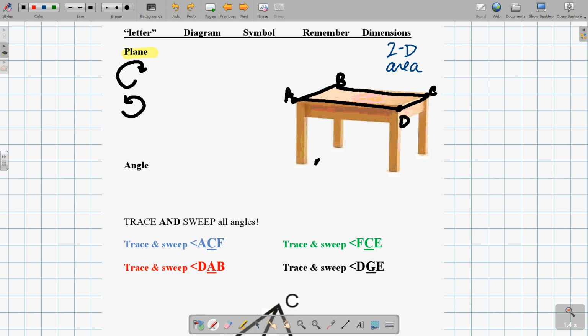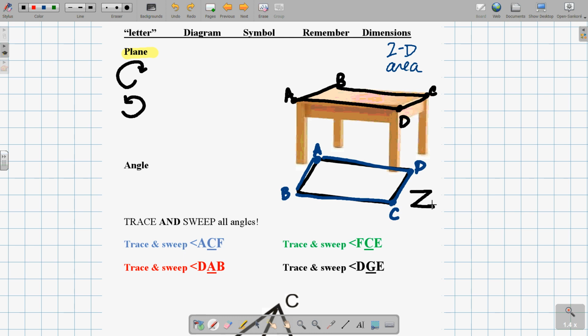Go ahead and draw another tabletop here. I could have easily started at any corner and gone counterclockwise. For example, draw a second tabletop here, put A here this time, and now let's go counterclockwise. A, B, C, D, back around. Notice I went counterclockwise. You never name planes in zigzag.